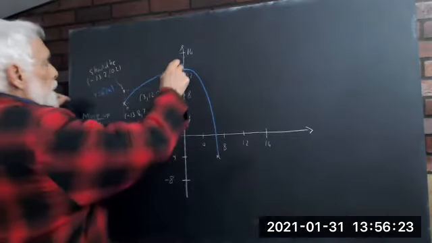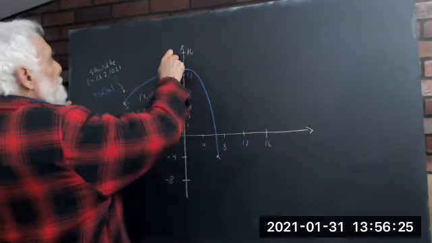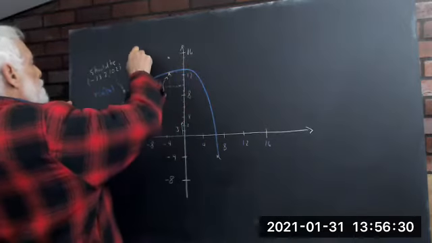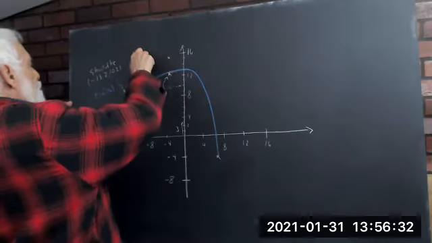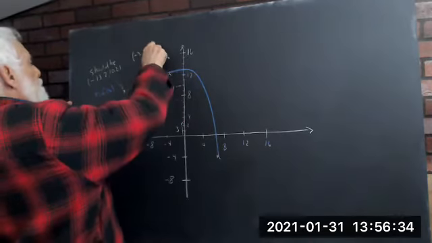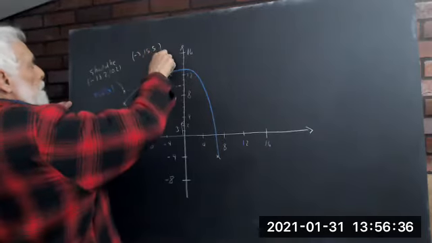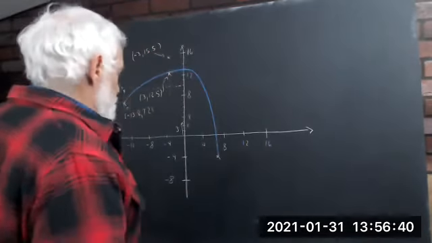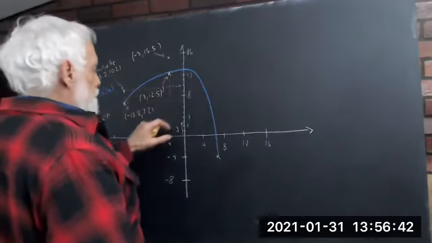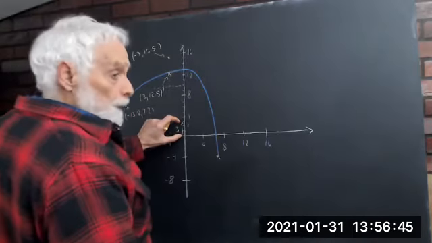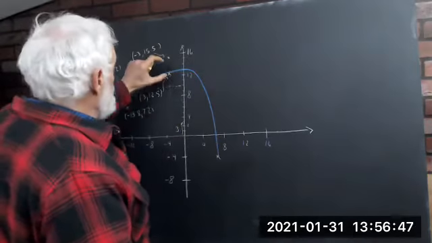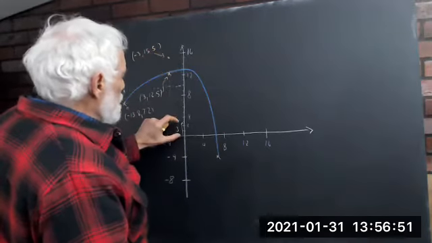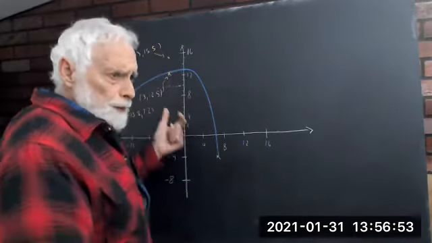So 15.5 is about here. This ought to be negative 3, 15.5. Let's see how that works. Yeah, it looks like I moved up a little further than this. My scale isn't real consistent.